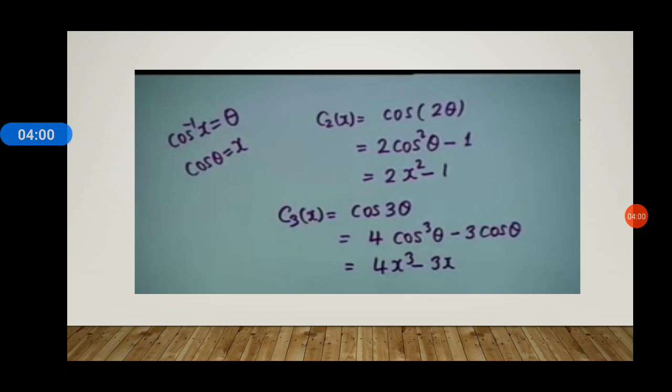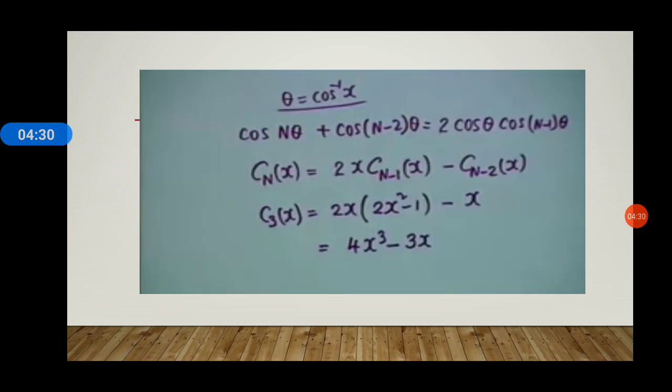Now C2(x) can be written as cos of twice theta, because here we have written cos theta is equal to x. So cos twice theta is 2 cos square theta minus 1. So if we replace cos theta by x, C2(x) comes as 2x square minus 1. Similarly, we have found out C3(x), which would be cos 3 theta, which is 4 cos cube theta minus 3 cos theta, that is 4x cube minus 3x.